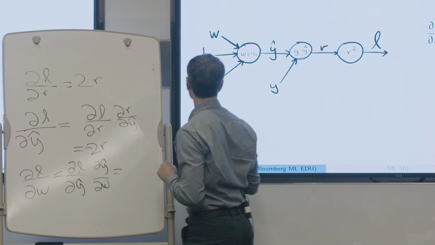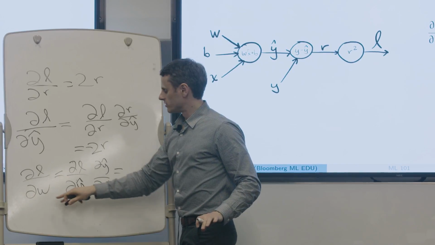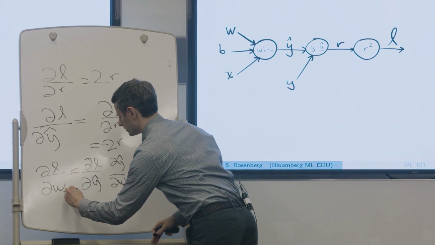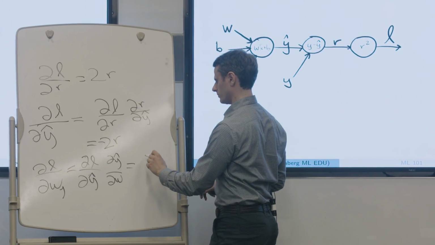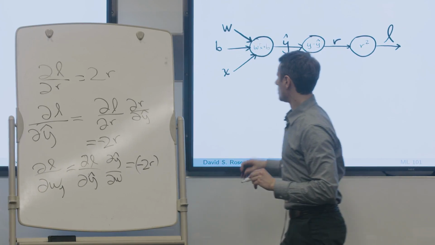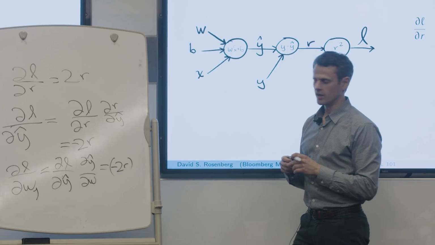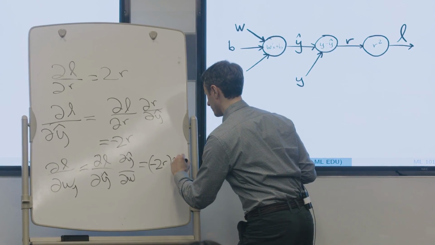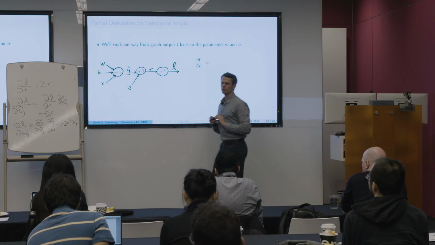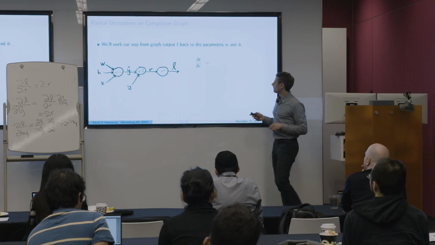Well, let's keep it simple and take a particular entry of w. W is a vector, right? So let's say w sub j. Okay, so that's minus 2r for the first piece, and then partial y hat with respect to w sub j, x sub j. Yeah. Great. And something similar for b. So we work our way from right to left.